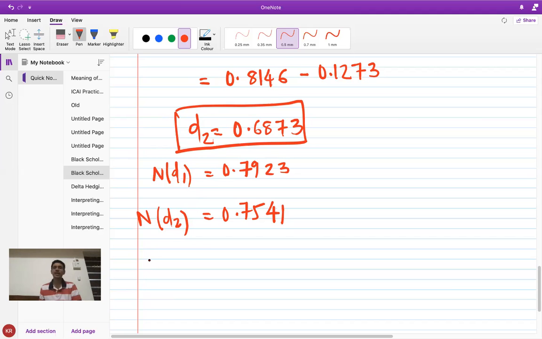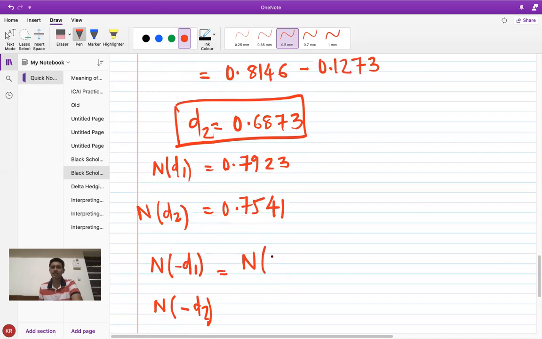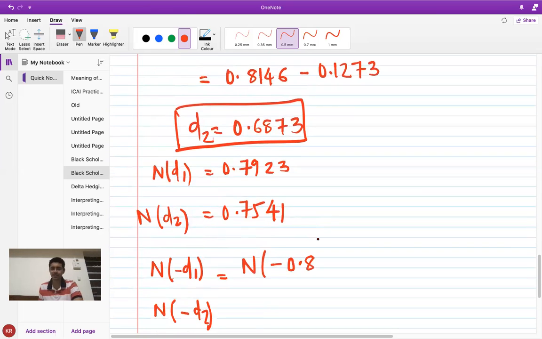Let us also go ahead and calculate N of minus D1 and N of minus D2. N of minus D1 is actually nothing but N of minus 0.8146, right?